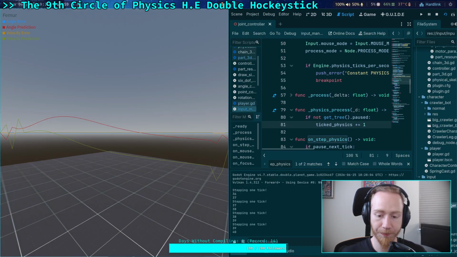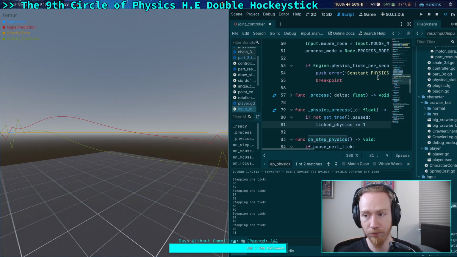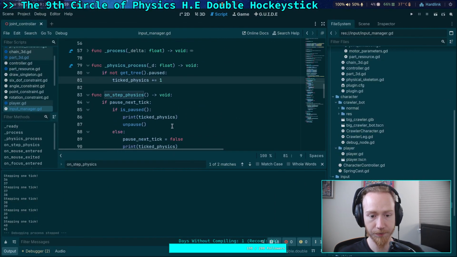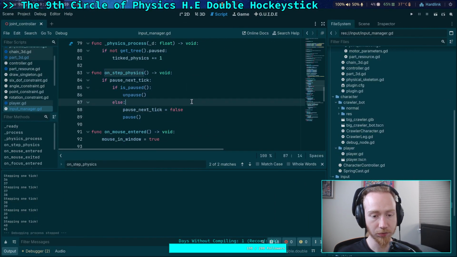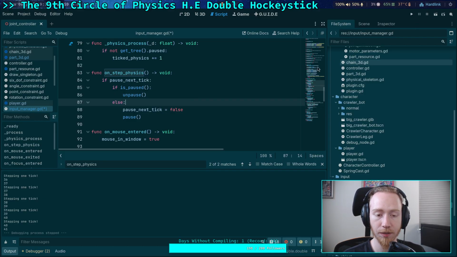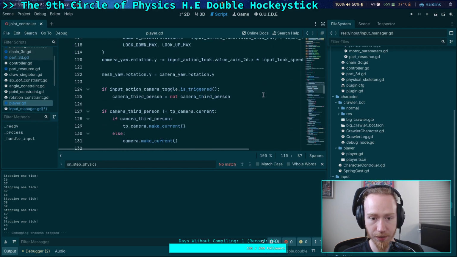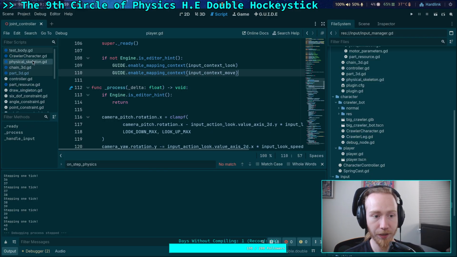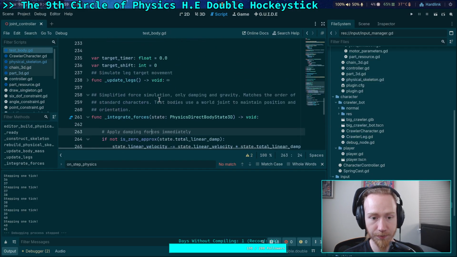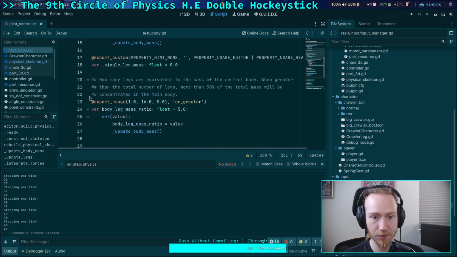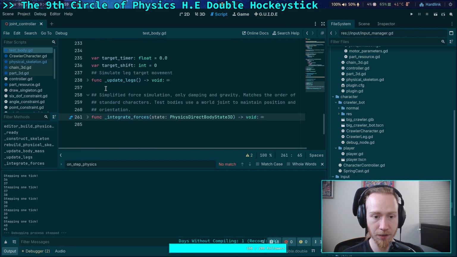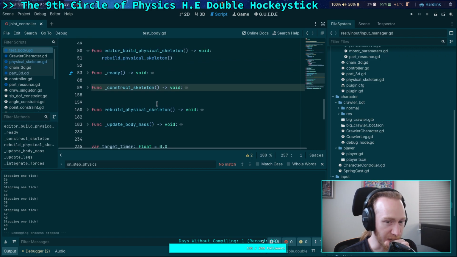Cool. Right. So to do that, I can open up Input Manager and look and see what physics tick is set to. My idea is that I just want player to pause on a certain physics tick. Or I don't know, physics skeleton, test body, we just test body. Yeah, I think just test body.